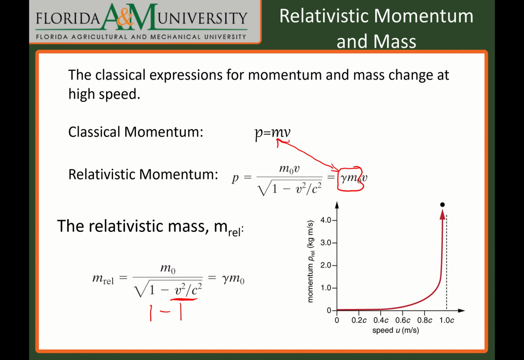And so the mass of the object increases infinitely as you approach the speed of light, and that's the reason why you cannot get anything to move faster than the speed of light, because as you approach the speed of light, it gets heavier and heavier. You have to put more and more energy into it to accelerate it, and so it's just impossible to get it traveling as fast as the speed of light, let alone faster.